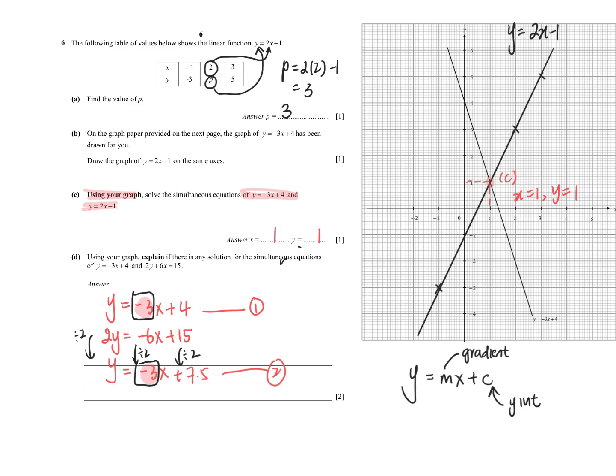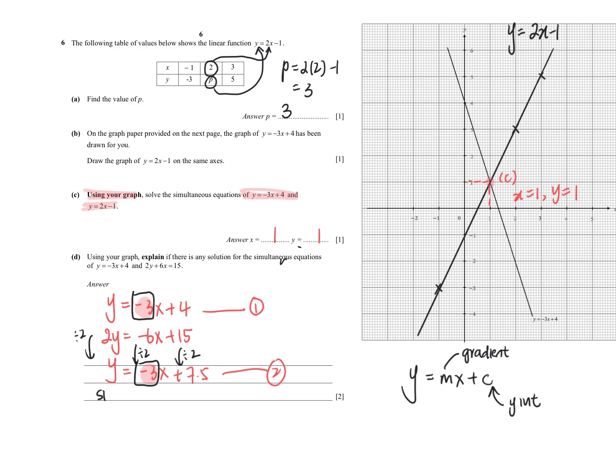They will never meet because they are parallel to each other. If two graphs have the same slope, they will always be parallel to each other. So when the question says, can you explain if there's any solution for this graph and this one? You will tell them that because they both have the same gradient, they will not meet because they are parallel.